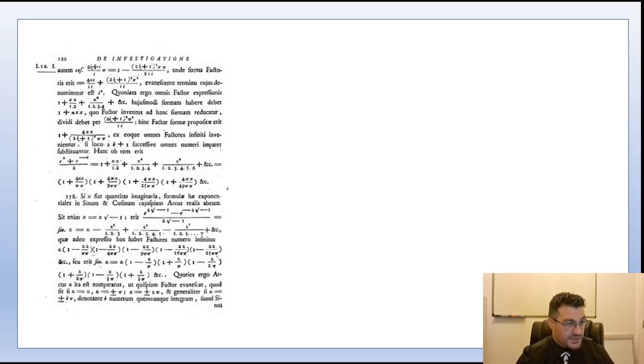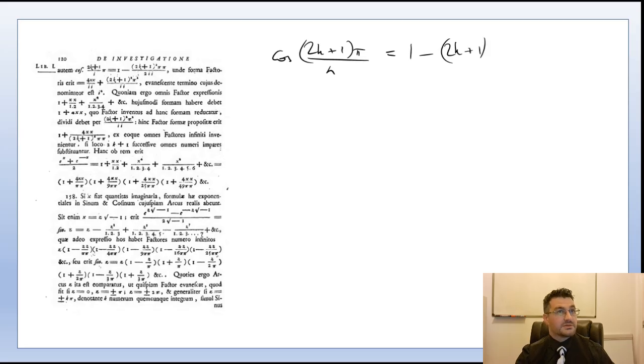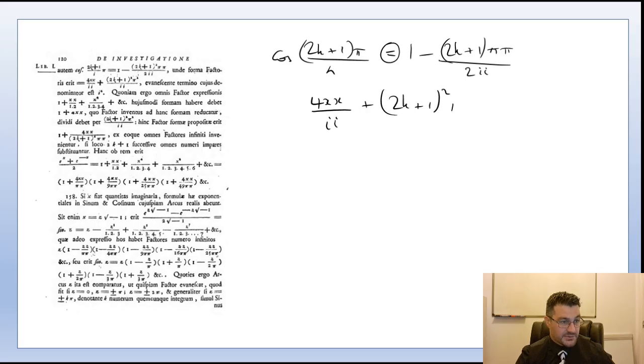Therefore, again, using this approximation, cosine 2k plus 1 pi over n is equal to 1 minus 2k plus 1 squared pi squared over 2i squared, and again with equality, plugging that into here, then expanding and simplifying, I'm not going to do it all here, we get the factor comes out to be 4x squared over i squared plus 2k plus 1 squared pi squared over i squared.